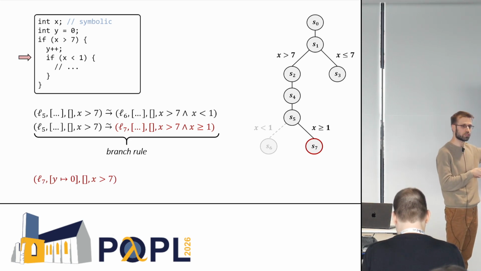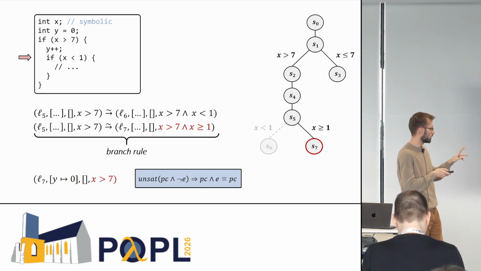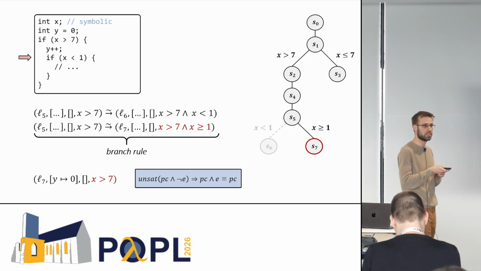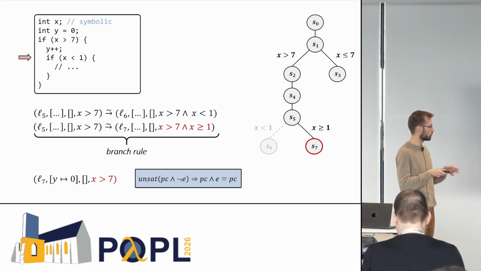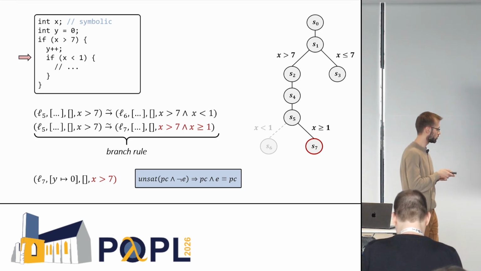And now we need to show equivalence between these two states. This time we have a difference in the path constraints. To handle this again in an automatic way, we have this lemma, which basically says that if the conjunction of PC and the negation of E is unsat, then we can remove E from the path constraint. So this helps us to discharge this goal.